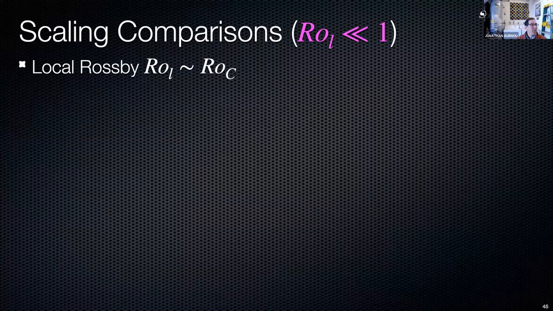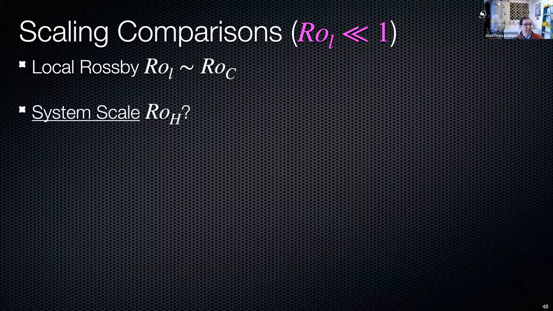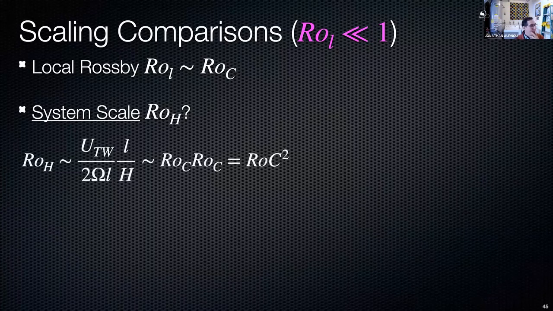In terms of local scaling comparisons, now let's start focusing on the rapidly rotating regime. Local Rossby, okay, I've said that a thousand times. It's comparable to Ro_C. But typically we don't measure Ro_L. Typically we measure the system scale Rossby number. It's very hard to actually get the length scale out as well as the velocity, so typically we just measure the velocity and report a large scale Rossby number, Ro_H.